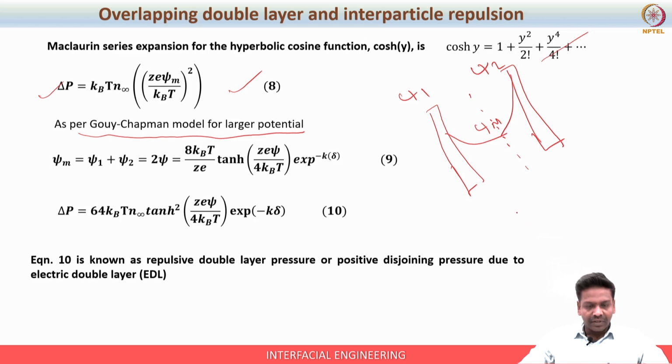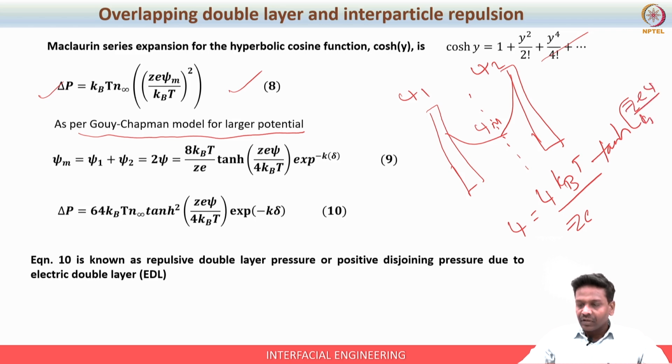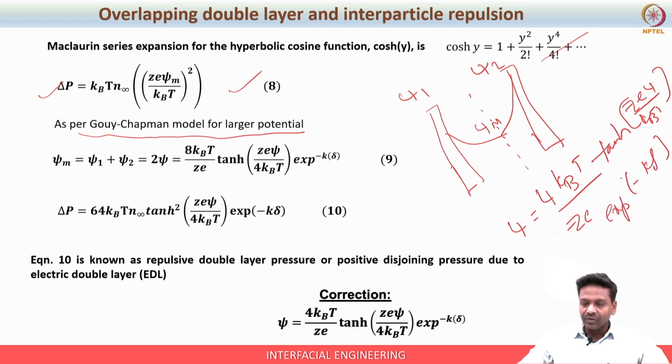So there they have given the equation for larger potential, that is psi is equal to 4 kBT divided by Ze, tan hyperbolic of Ze psi divided by 4 kBT, exponential minus kx. So this is the equation given for larger potential.